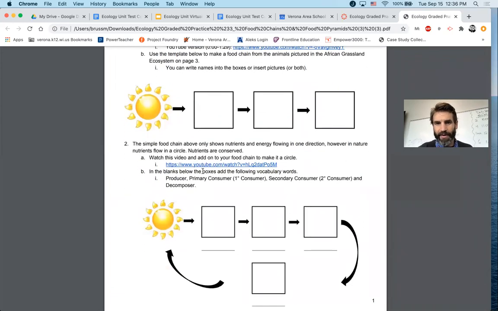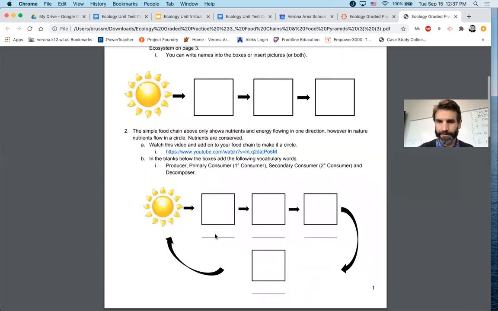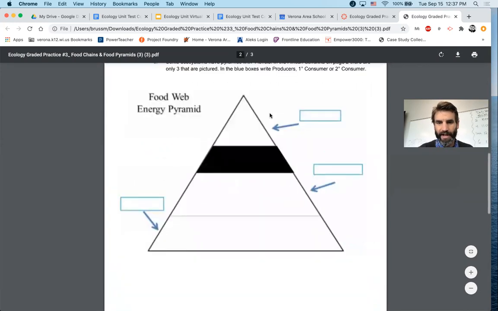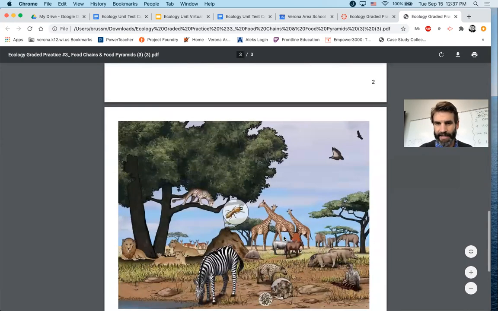After they've done that, you can watch this next video that introduces the names of the different levels in a food chain: producer, primary consumer, secondary consumer, and a decomposer, and shows how those all interact to make our food chain into a food cycle. Again, that's going to be based off of the African savanna here.